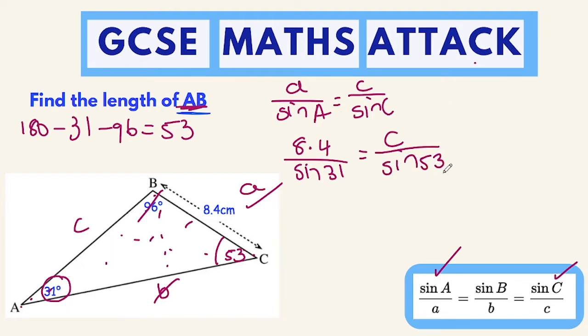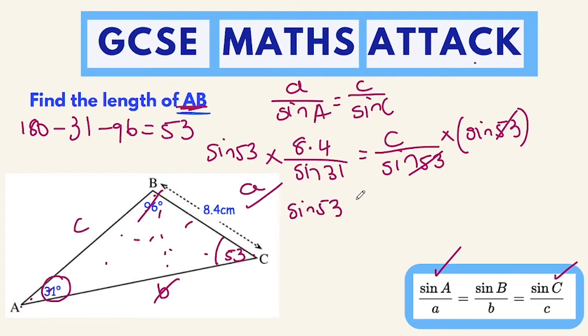Now I need to get rid of this sine 53. Because it's divided by sine 53, I'm just going to multiply both sides by sine 53. Those two cancel out. I am left with sine 53 times, I'm just going to put this in brackets, 8.4 all over sine 31, and that will give me c.